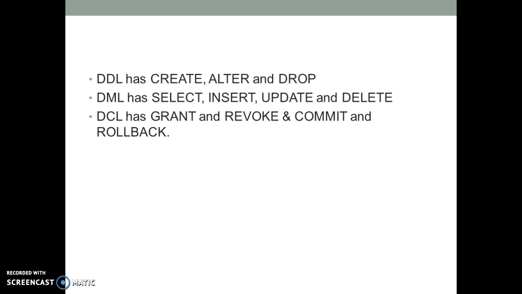DML is used to manipulate the data in the database. It includes commands like select, insert, update, and delete. And DCL deals with controlling the kind of data access to the database and also used for transaction control. DCL includes grant and revoke for data access control and commit and rollback as transaction control commands.